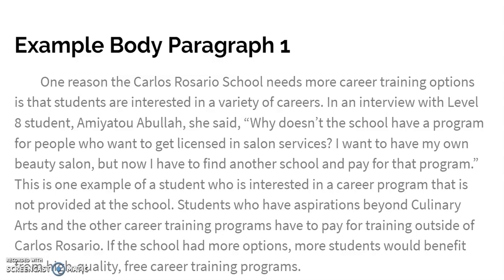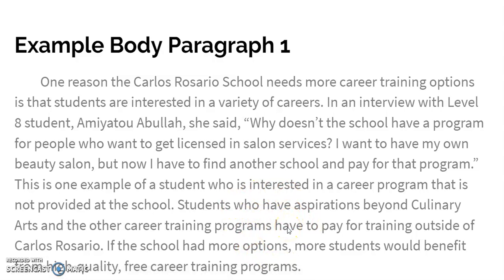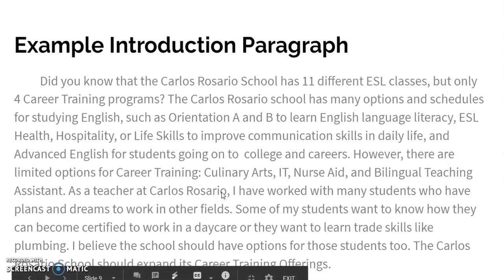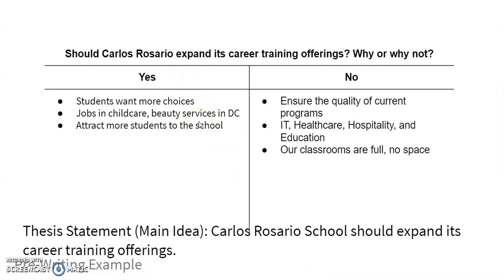So I have completed body paragraph 1. I have a topic sentence, evidence, and a warrant that explains my evidence and how it connects to my claim. Now I am ready for body paragraph 2. I need to go back to my pre-writing and choose another reason to support my claim.